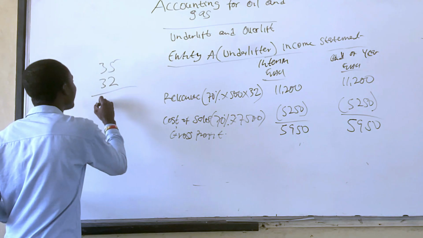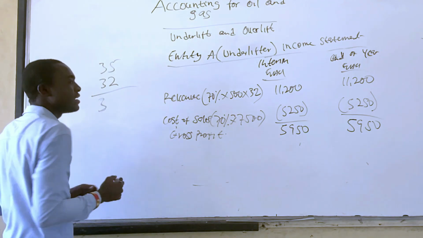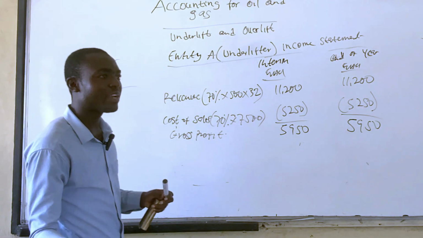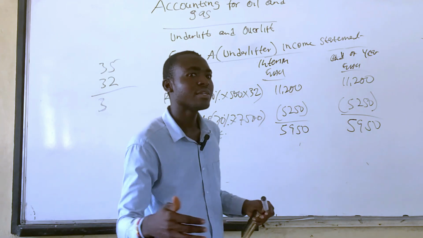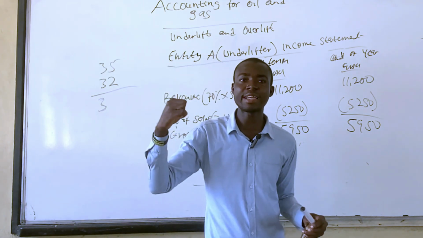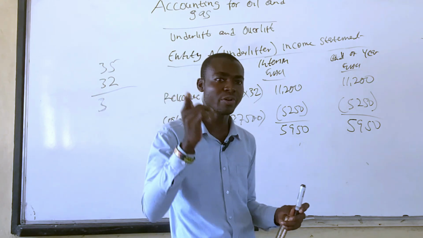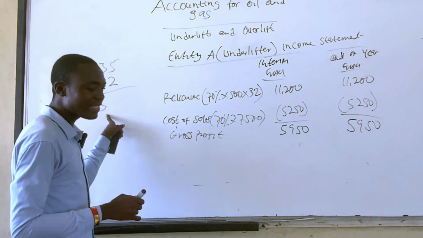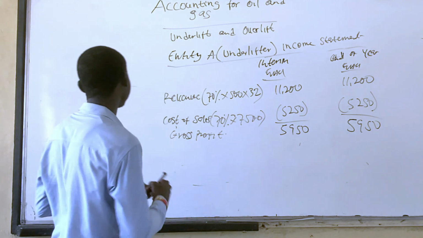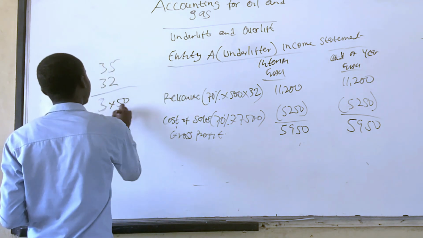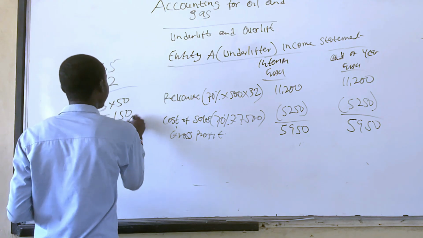So the difference between the two is 3 cedis. And the number of barrels of oil that entity B took as an overlift is 50 barrels of oil. So it will be 3 Ghana cedis times 50, which will give us 150.